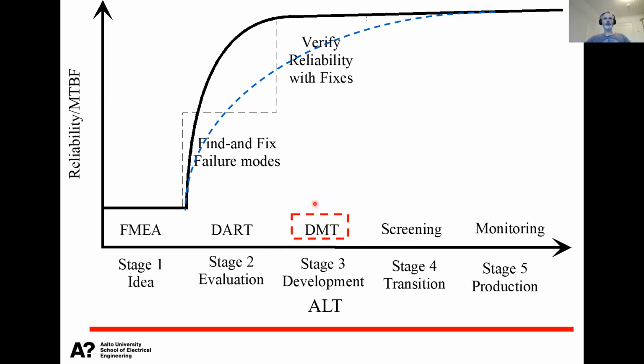And now with these tests, accelerated life tests and DMT, design maturity testing, where we test if our design is mature enough, we would like to verify the long-term reliability, the lifetime of the product. Okay.